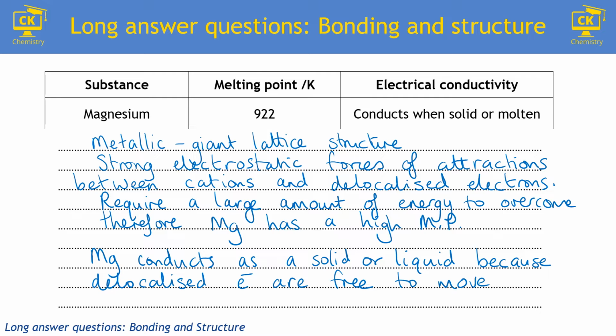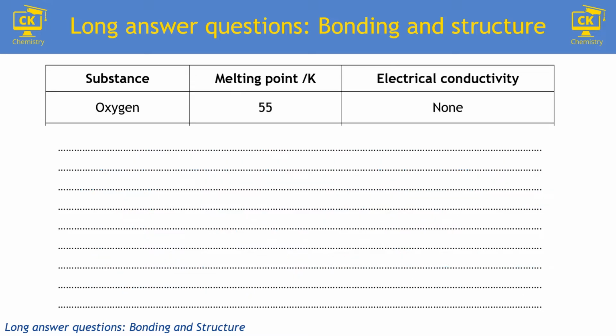Okay, so let's move on to the next substance in the question, oxygen. Bonding in oxygen is covalent, but it's more important not just to identify its bonding, but its structure. And that is because covalent substances can be molecular or giant.